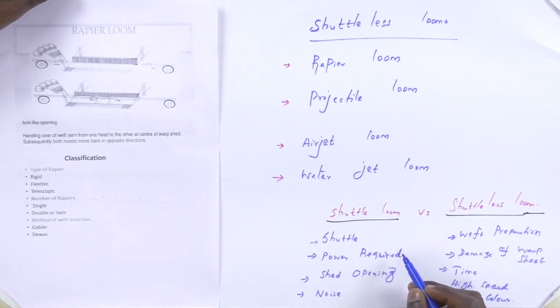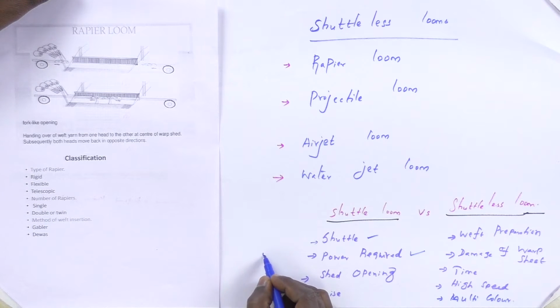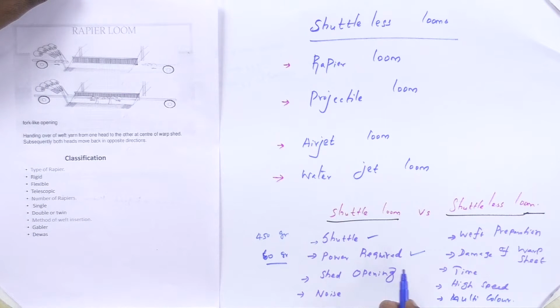When compared to the 450 gram shuttle, the 60 gram projectile requires less power to transfer the weft package, weft inside the shed. And also the shed opening.